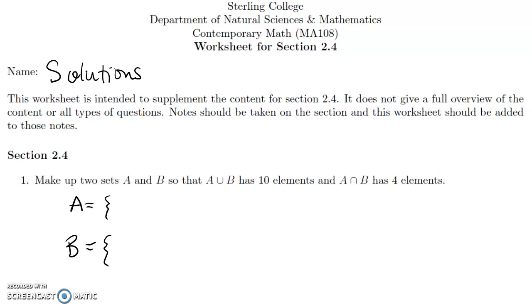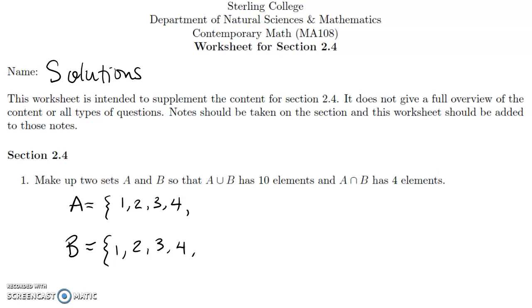So for instance, we might use just the numbers 1, 2, 3, and 4 as our 4 common elements. Let's see if I can write these in order. 1, 2, 3, 4. So notice if I keep those as the only common elements, then the intersection has a total of 4 elements.